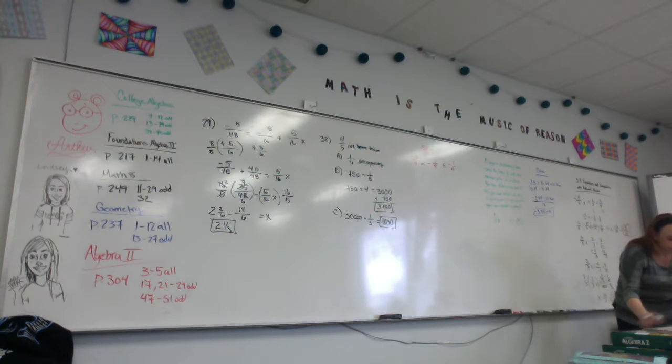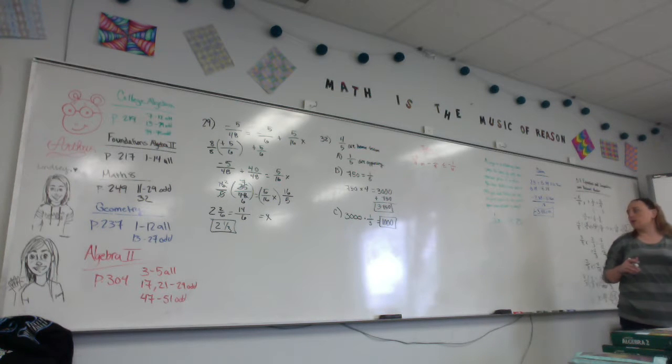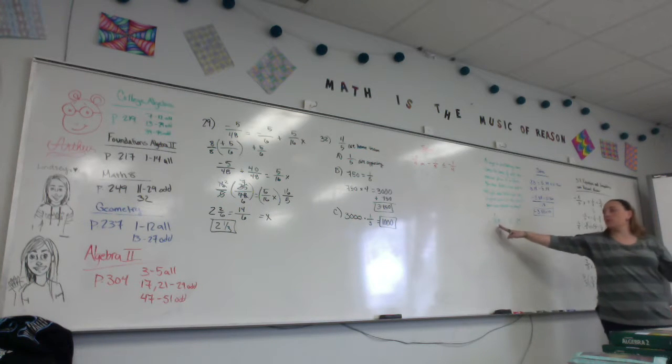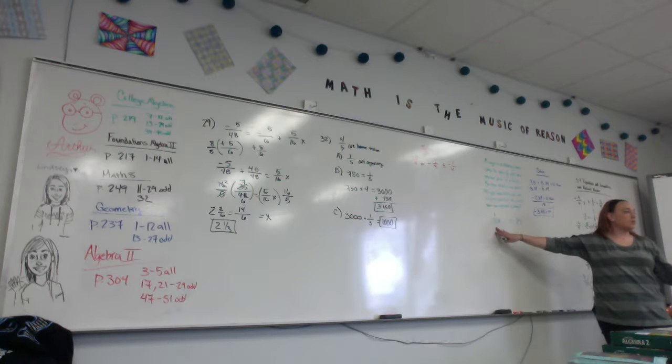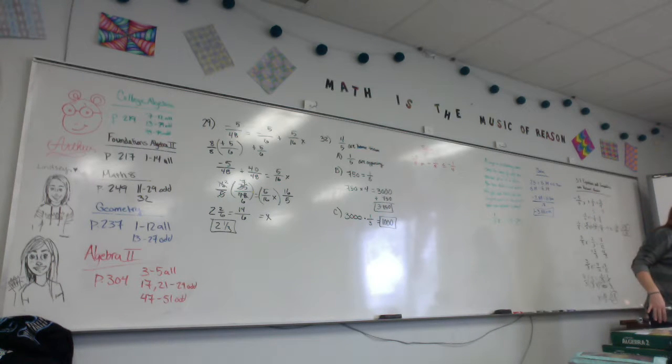Okay? Now, let's think about this. The original price was what? Do we know what the original price is? No, but we know the original price is what? This is what we're taking off, right? 1/3 X. So the original price is what?